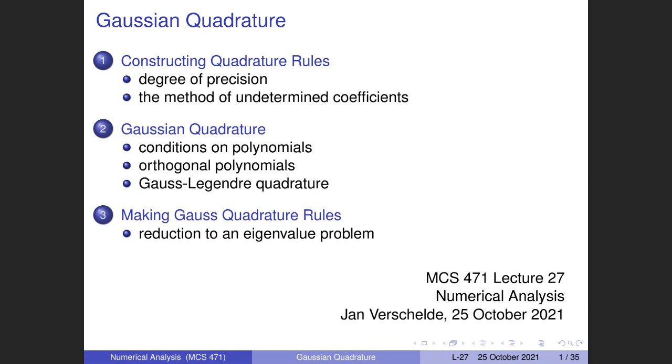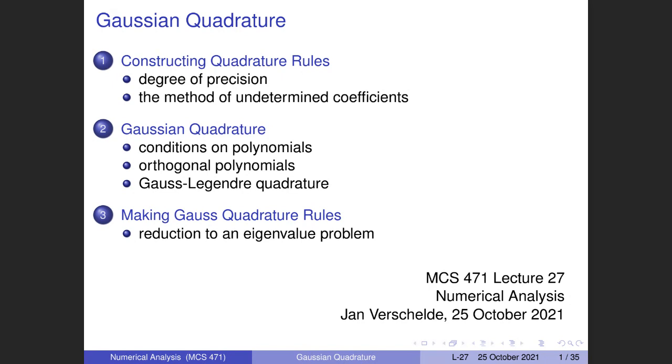We use orthogonal polynomials, and we will get highly accurate quadrature rules. So at the last part of this lecture, I will introduce the reduction to an eigenvalue problem. With today's technology, doing hundreds and thousands of evaluation points is no longer really a problem.